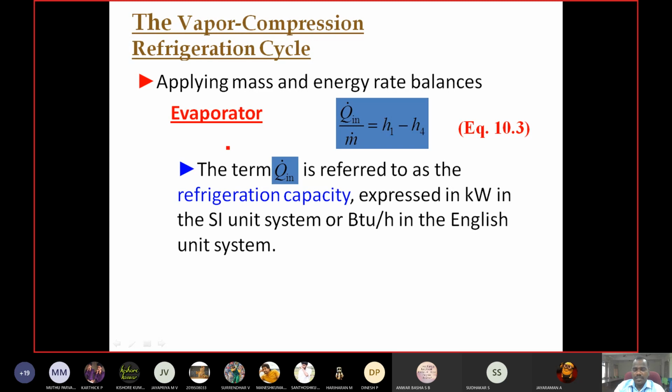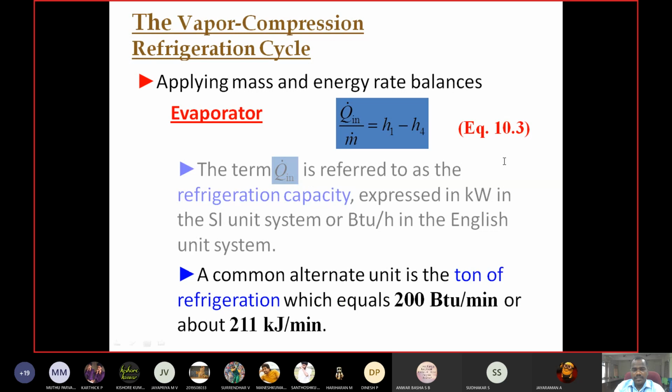Then the term Q in is referred to as the refrigeration capacity. This is expressed in kilowatts in the SI unit system or BTU per hour in the English unit system. Normally we will use the SI unit here, kilowatts.